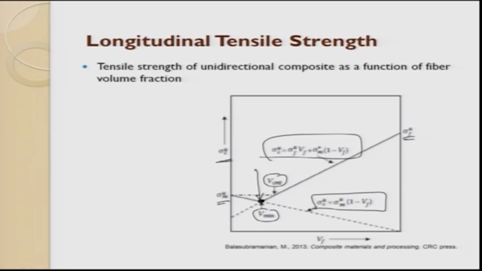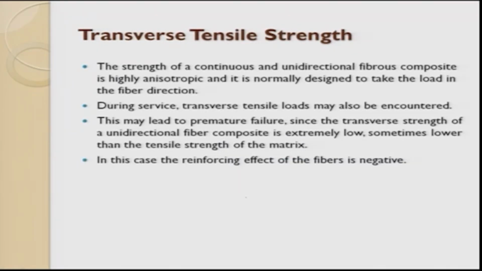So when we proceed further, we have to look at the transverse tensile strength. The strength of the continuous and unidirectional fiber composite is highly anisotropic, and it is normally designed to take the load in the fiber direction. During service conditions, the transverse tensile load may also be encountered. Generally in the transverse tensile load, there is always a premature failure, since the transverse strength of the unidirectional fiber composite is extremely low.